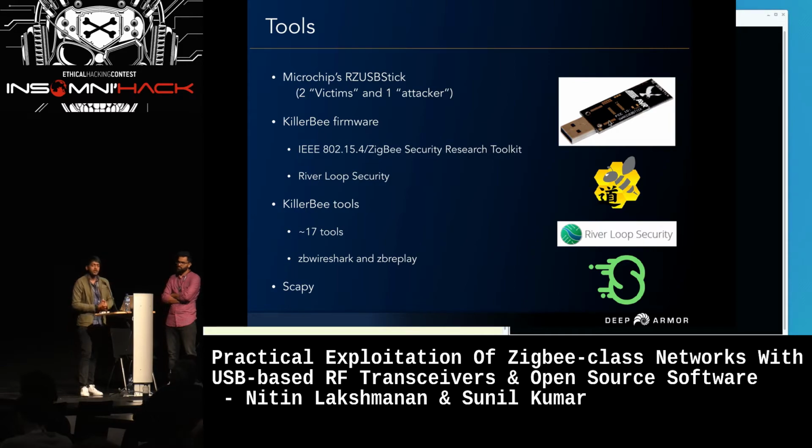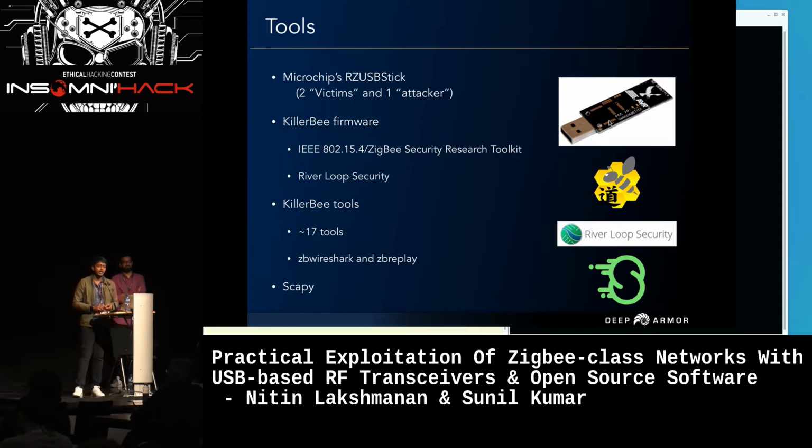So for this demo, we are going to use 3 RZ USB sticks developed by Microchip. We will have 2 as victims, that is the gateway and the node, and a single RZ USB stick as an attacker. We use the KillerBee framework, which is developed by Riverloop Security.